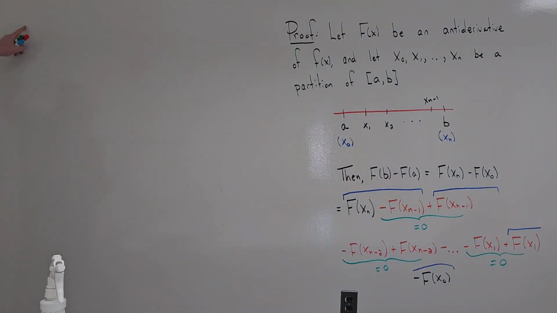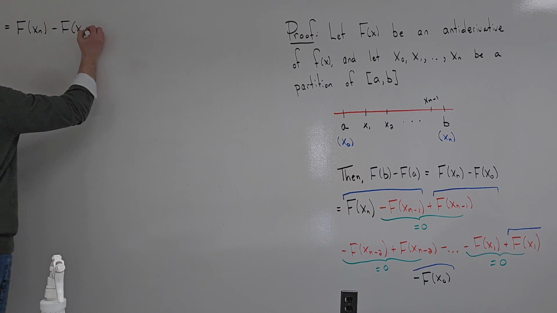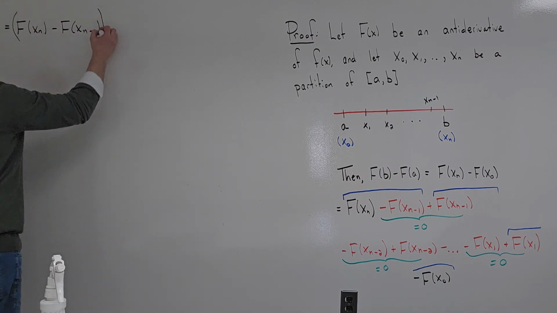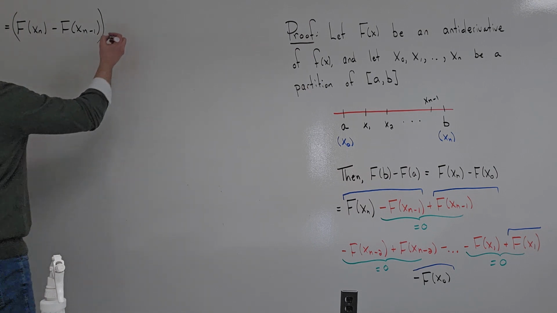let me start out by writing that in as follows. That would be f of xn minus f of xn minus 1. I'll put some parentheses there that are not needed, just for visual understanding.